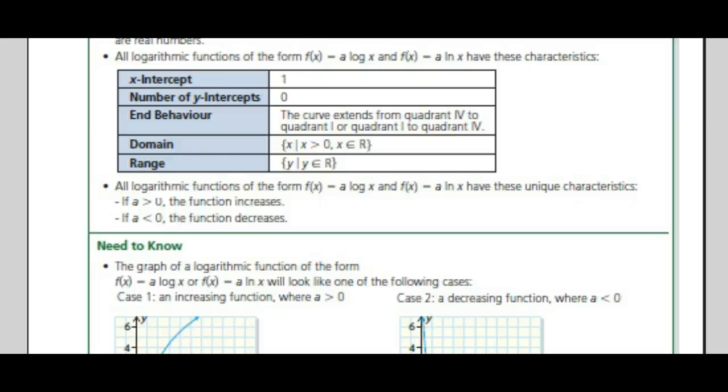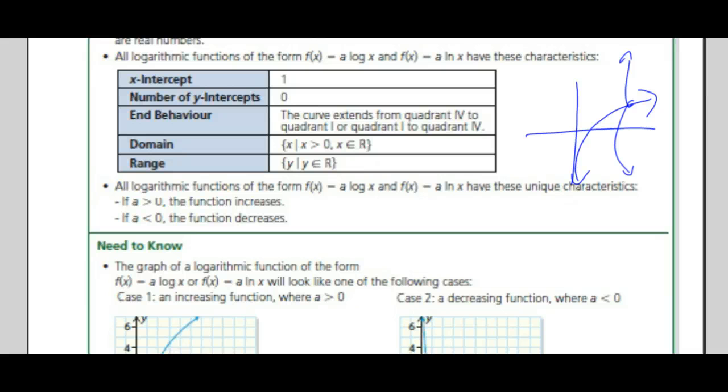Remember, we're mostly sticking with log base 10. So just think of what the log base 10 looks like. It's doing this. Can't draw. So if a is greater than 0, this just takes a point here and multiplies it by a. And if it's negative, then it goes down.